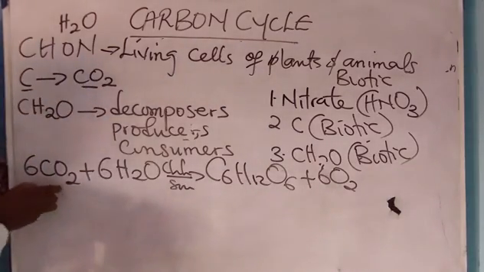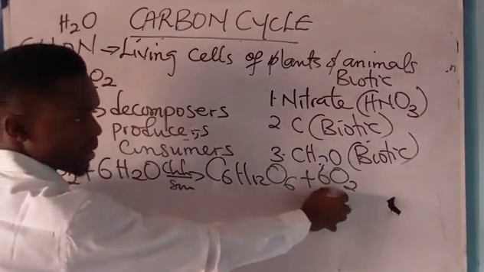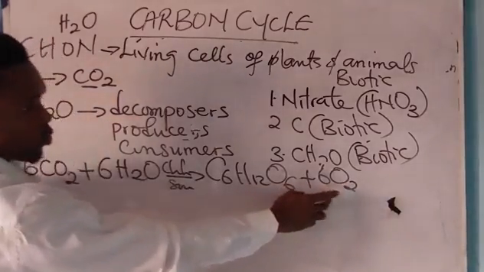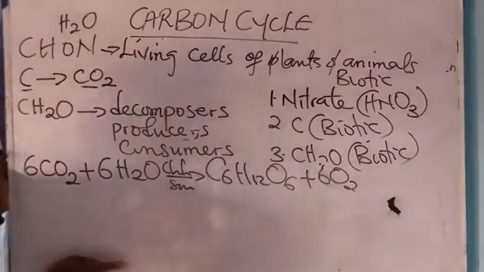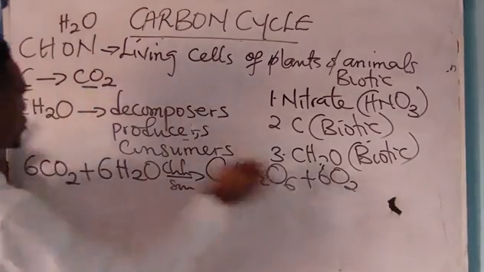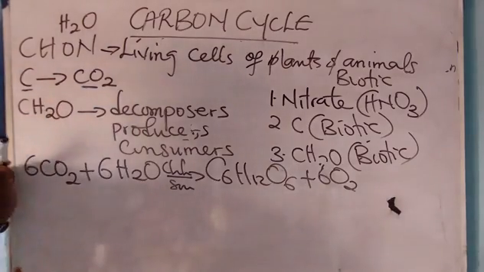As soon as plants make use of carbon dioxide in the atmosphere, they release oxygen as a byproduct, as well as glucose. Once this oxygen is used with sugar, carbon dioxide is released into the atmosphere.